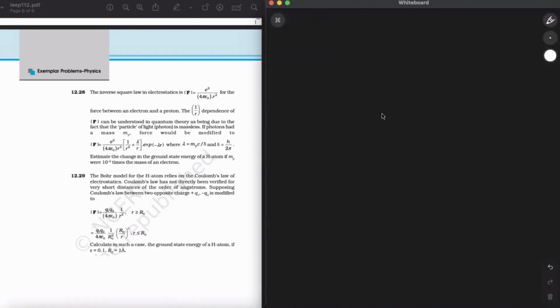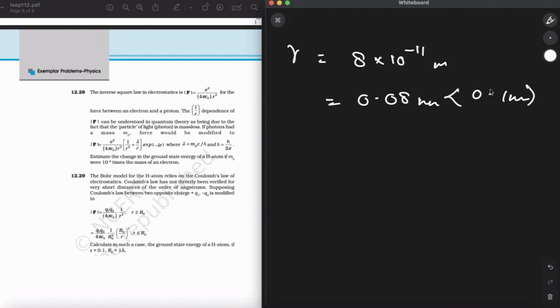If you solve for this, you'll get the radius r equal to 8 into 10 to the power of minus 11 meters. So it can be written as 0.08 nanometers, which is less than 0.1 nanometer. This is the radius of the orbit of the electron in the ground state of the hydrogen atom.